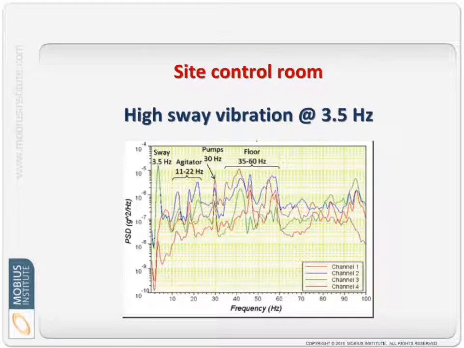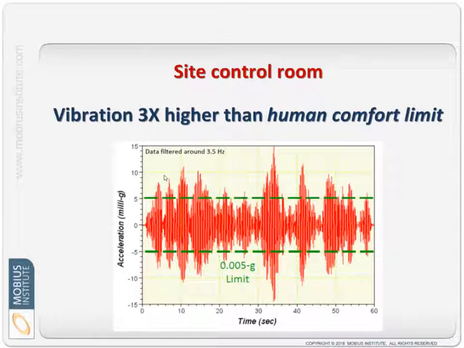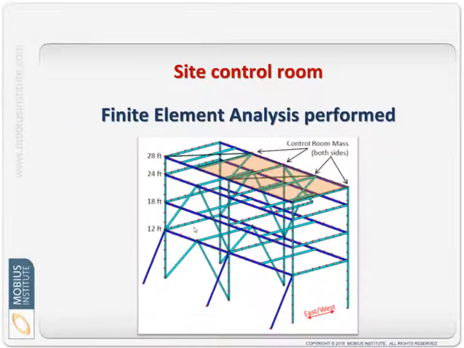When the whole vibration signal was analyzed, there was this sway vibration of about 3.5 Hertz. Looking at the vibration as it varied with process changes, the structure changed, but it was being amplified up in the control room, and the vibration was basically 3 times higher than the human comfort level.